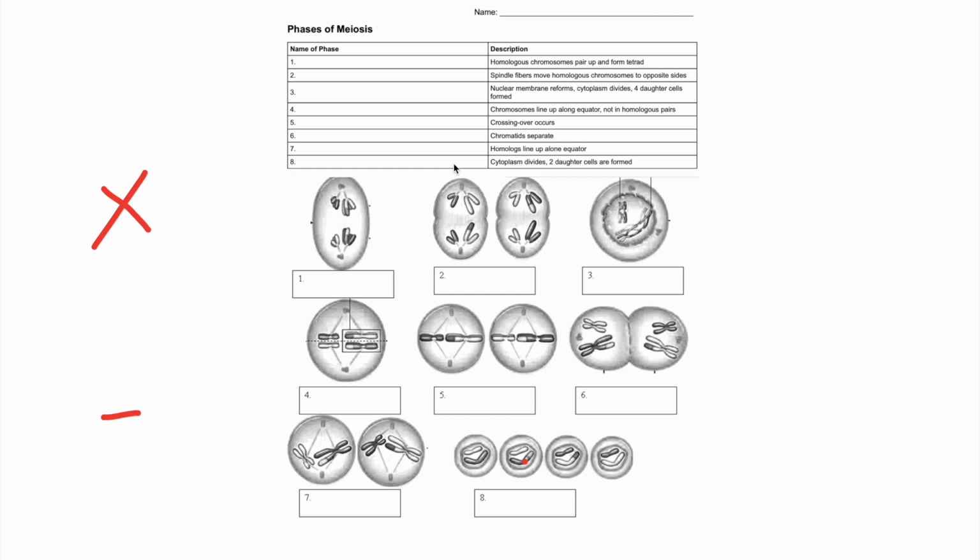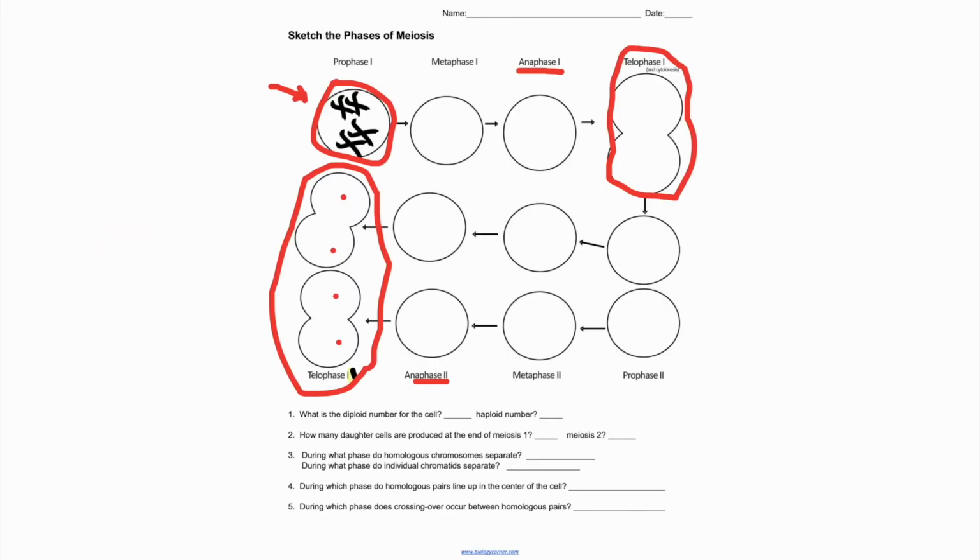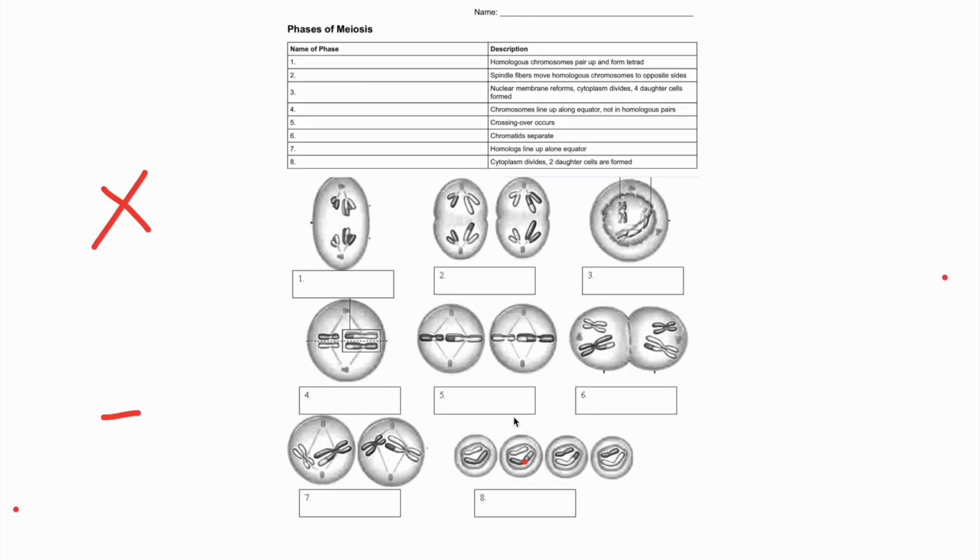All right, so let's go through these pictures. Starting from the beginning, this first one right here, we see that we have one cell. Anytime you have one cell, like prophase 1, metaphase 1, anaphase 1, and about to have 2 at telophase 1, that tells you if you're in the first part of meiosis, meiosis 1, or the second part, meiosis 2.